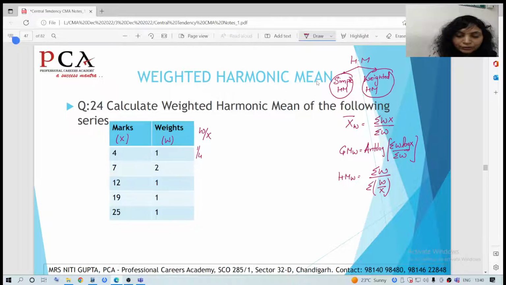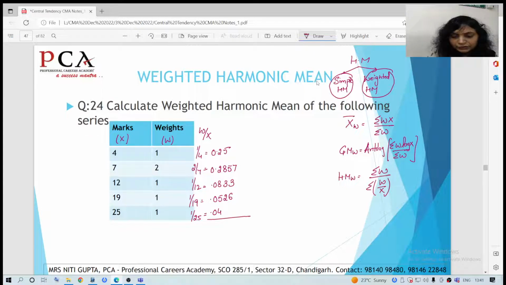So 1 by 4, this is 0.25. 2 by 7, this is 0.2857. Then 1 divided by 12, this is 0.0833. 1 divided by 19, this is 0.0526. And 1 divided by 25, this is 0.04. So just add them.